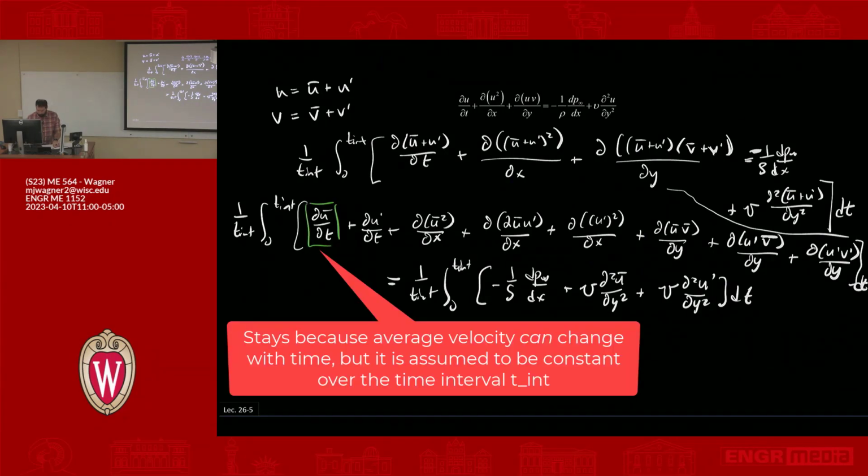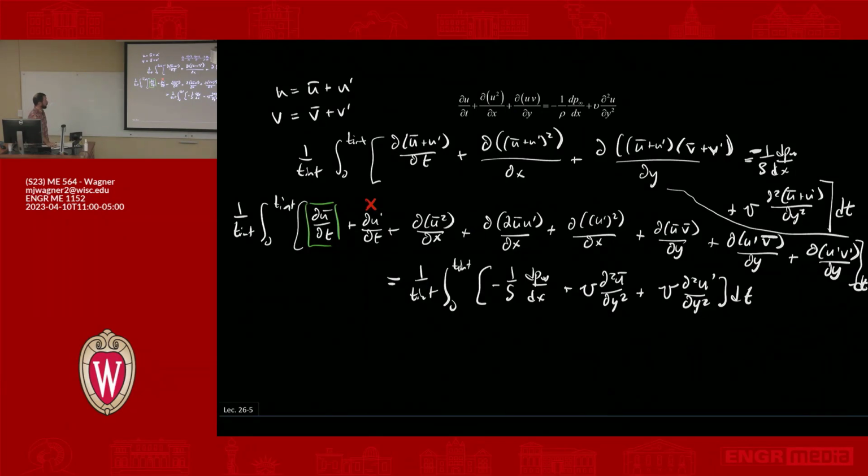What about the next term? The next term is du prime dt. That integral over time should go to 0, so this will go to 0. That goes away. Next term would be the partial of the square of u bar with respect to x.